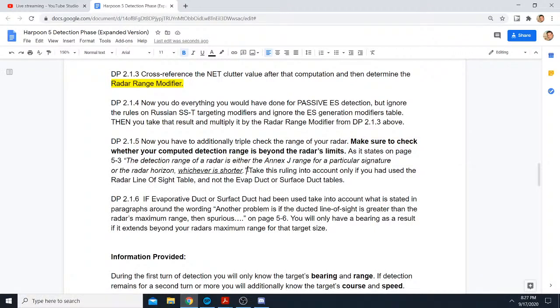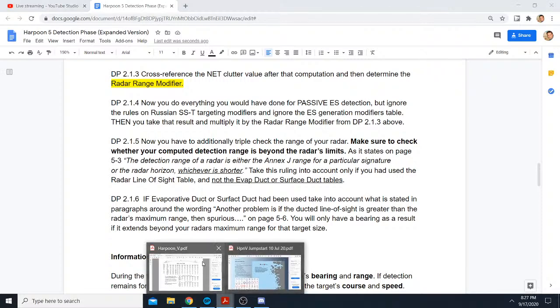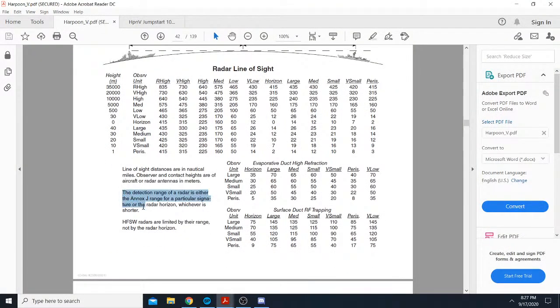And in particular, this is used for when they're not using the evaporative duct or the surface duct tables. Okay. So as you see, I think it's mentioned at the bottom of the table right here. That's where I'm kind of quoting. The detection range of the radar is either the annex range, basically the radar range for the particular signature, or the radar horizon, whichever is shorter.